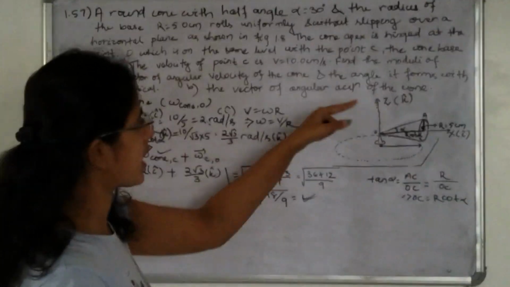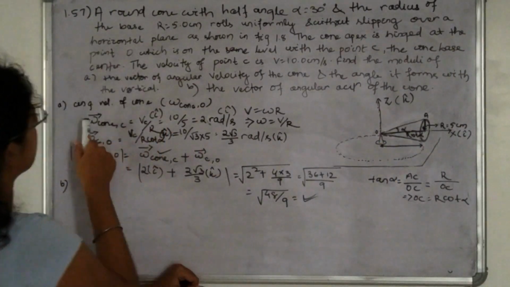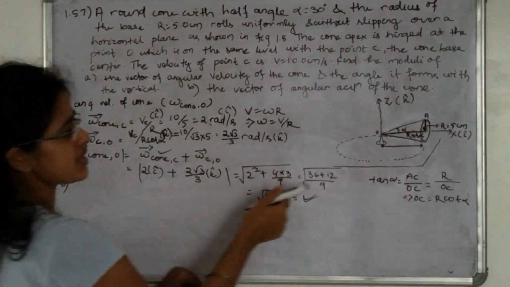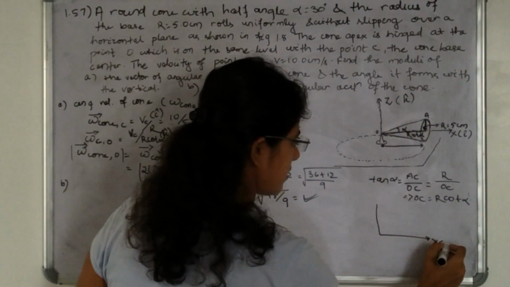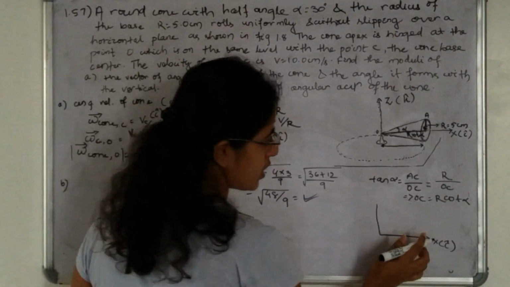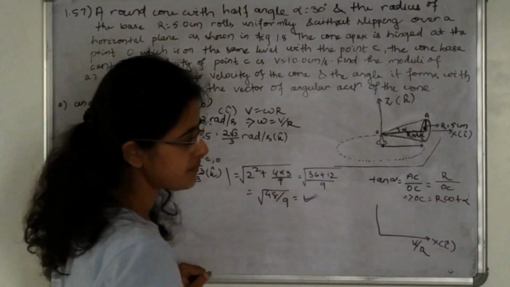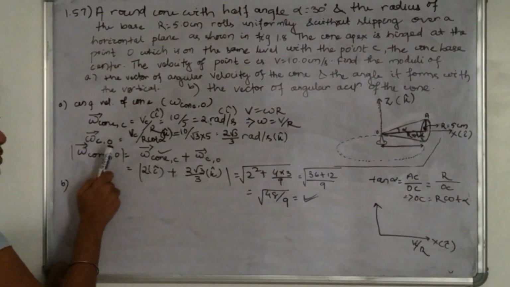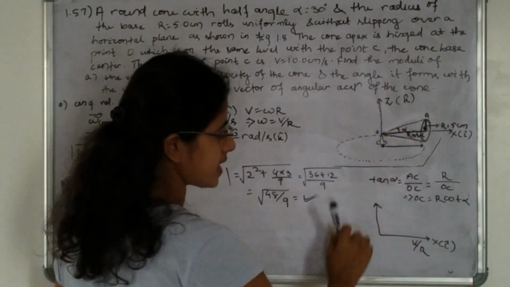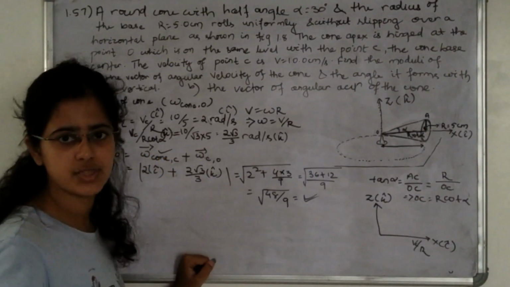Next we have to derive the angle it forms with the vertical. You can see that omega of cone with respect to C is along which direction? Positive x-axis. And the value is how much? V divided by R, or Vc divided by R. The angular velocity of C with respect to O is along which direction? Vertical, that means the Z axis. K cap is the unit vector along the Z axis.